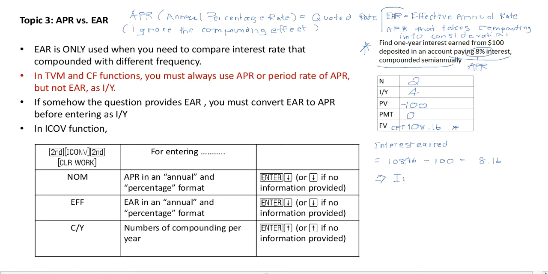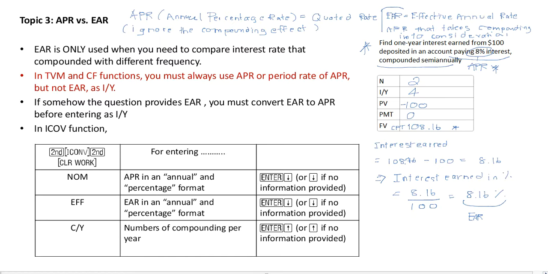When we convert this into interest earned in percent, it equals what you earn compared to what you initially invest, which is 8.16%. So you can see that the 8% APR, because it ignores the compounding effect, is not the real rate. The real interest rate that you earn from 8% APR compounded semi-annually is actually 8.16%. And this piece is called EAR.